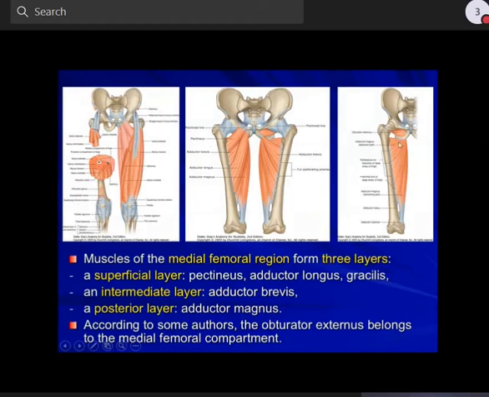And the adductor magnus is a very big muscle that's triangular in shape. Its apex refers to the inferior pubic ramus, ramus of the ischium, and lateral aspect of the ischial tuberosity. It radiates throughout the medial lip of the linea aspera on the femur.